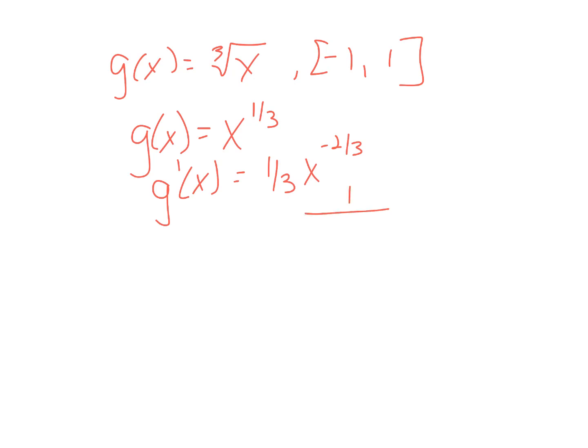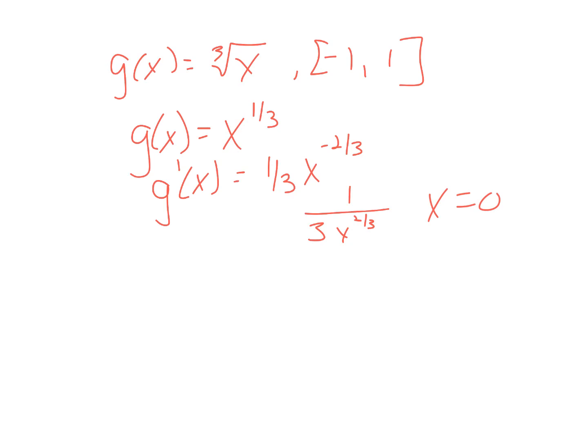So it would be 1/3 times x to the -2/3 power. So there's no value that's going to make this 0. But there is one value that will make it undefined, and that's 0. Okay? So x equals 0, we need to check that, since the derivative doesn't exist there.